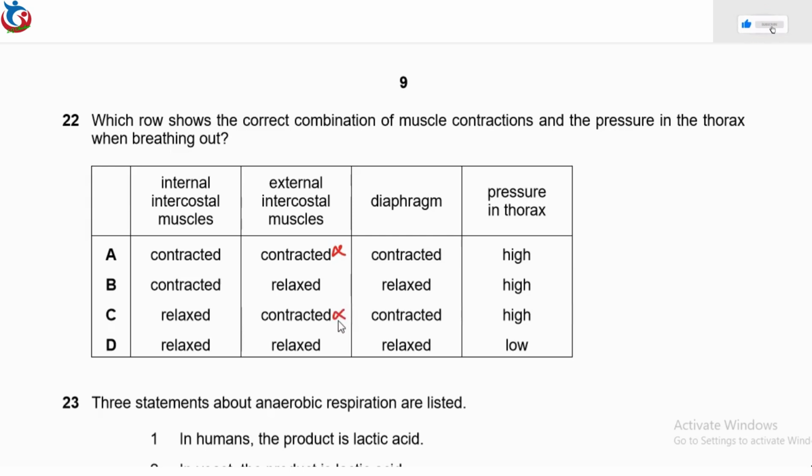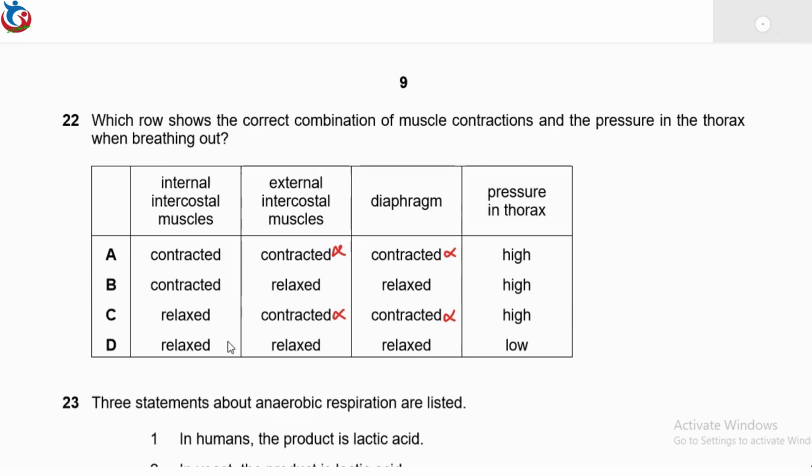But the diaphragm is meant to relax. That makes this option wrong. That makes this option wrong as well. Then the internal intercostal muscle is meant to contract.